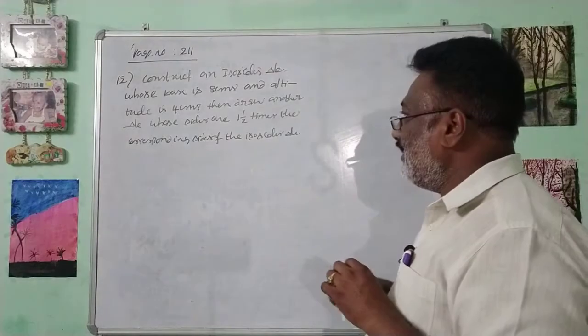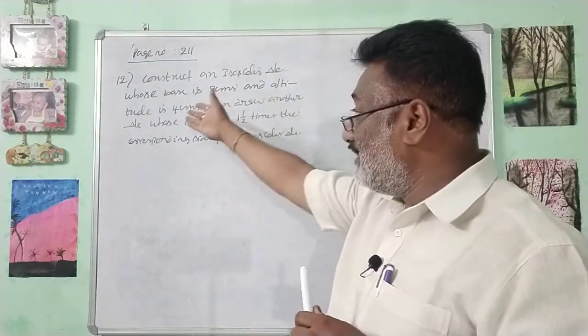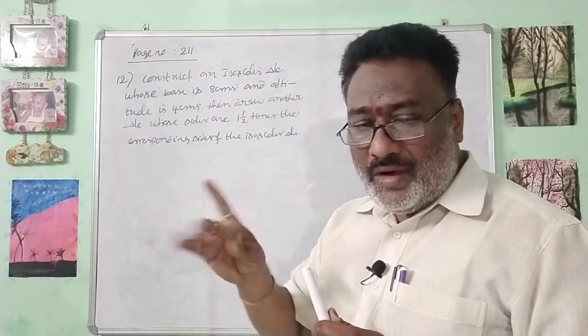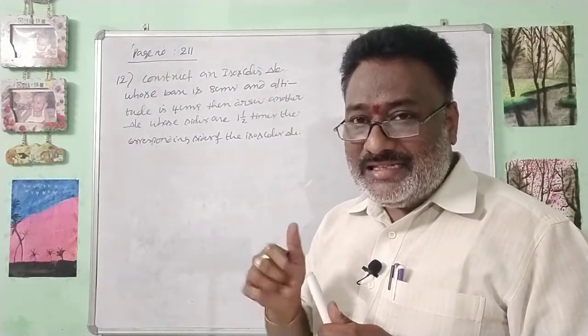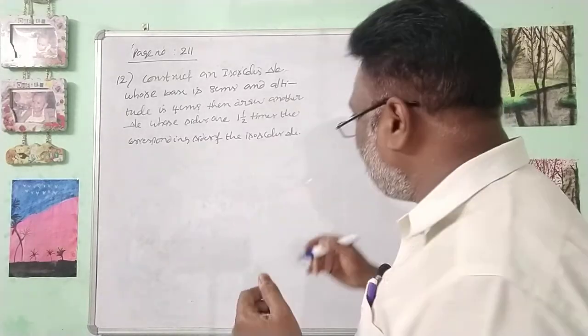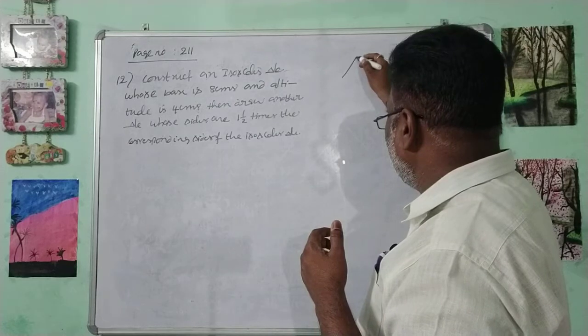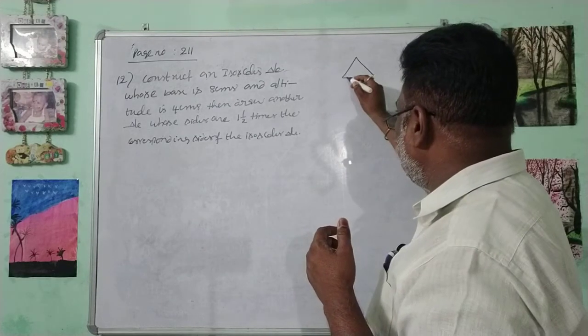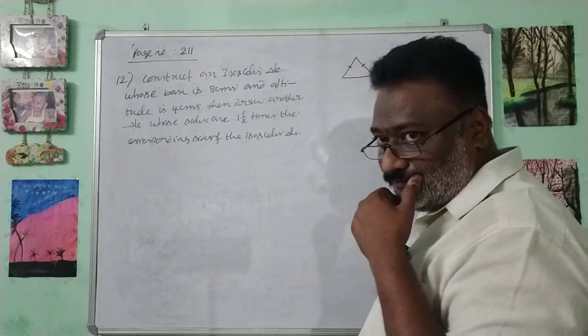So now listen to me. Here, how it is possible to construct an isosceles triangle with the given two measurements. In them, one is the base of the isosceles triangle and one is its altitude. Let me explain about the isosceles triangle. Now listen to me. This is one isosceles triangle and these two sides are equal.